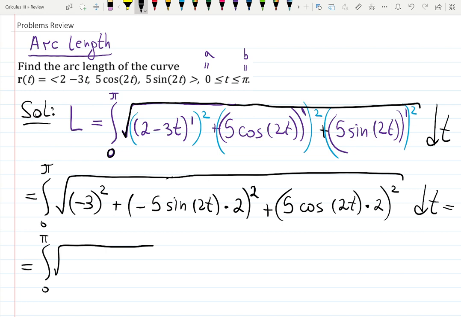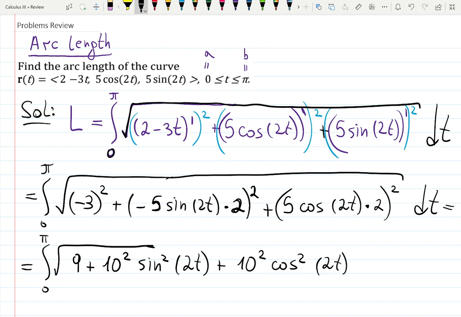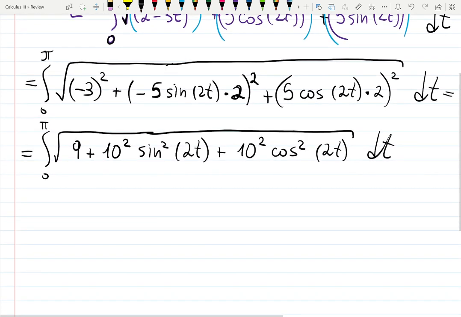Minus 3 squared, all the negative signs actually do not really matter because we're squaring each component, each derivative, so it will be 9 plus 5 times 2 is 10, minus also goes away, so it's going to be 10 squared, don't forget about that, sine squared of 2t plus 5 times 2 is 10 squared cosine squared of 2t dt. Now I noticed that I can factor out 10 squared and 10 squared.